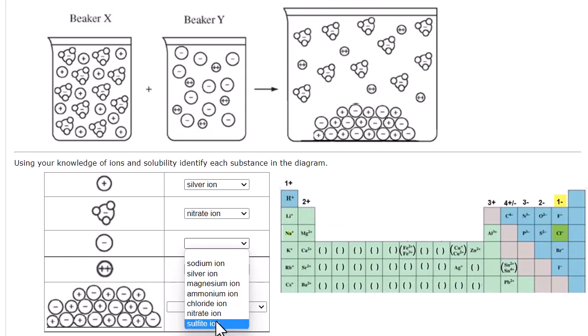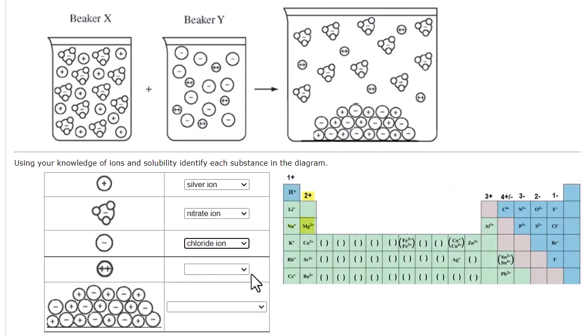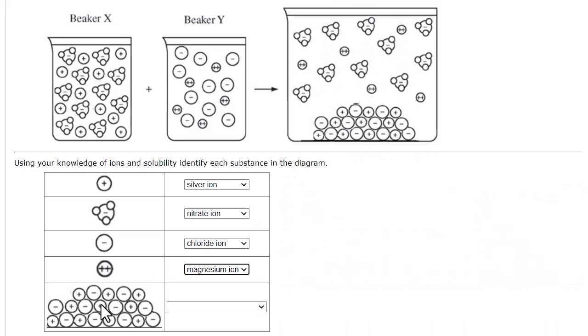And the sulfite is like the oxides, a -2, so we can identify this as chloride. Now we've got a +2. Well, we didn't have that many choices that were a +2. Here we had magnesium. That's the only one. Now I'll pick that, and we see that the +2 is floating around, not doing anything. Okay, it's a spectator.